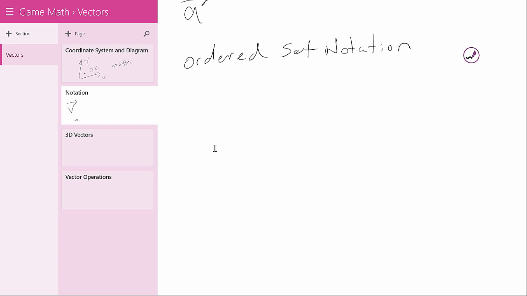We have a vector V. We identify that with an arrow, and that is usually parentheses x comma y closing parentheses, or V arrow is equal to angle bracket x comma y closing angle bracket. So that's known as the ordered set notation.